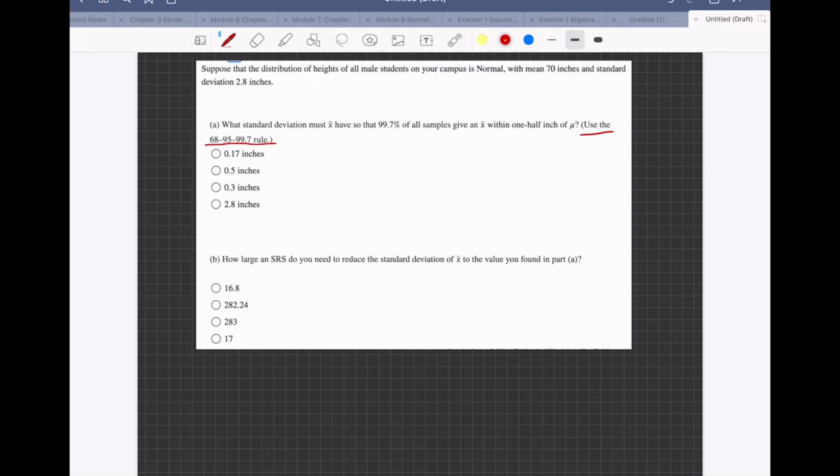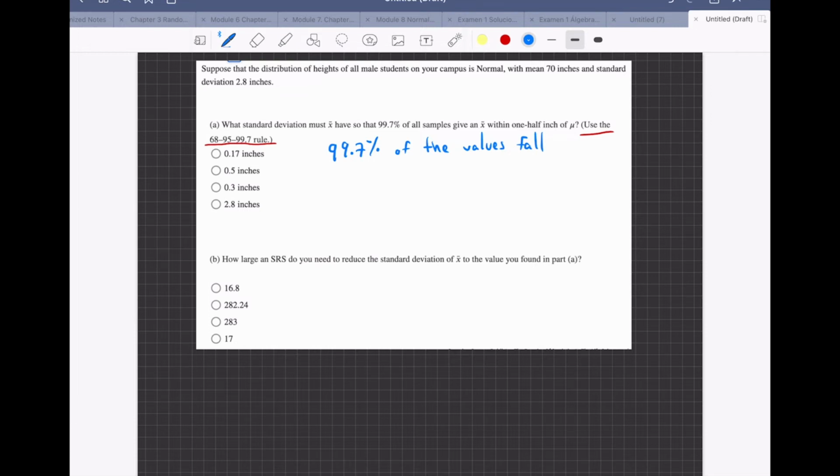68, 95, 99.7. I mean, this is the empirical rule. All right, so we know that 99.7% of the values fall. If you don't remember this, I recommend to check the notes from the previous module, or the video notes.